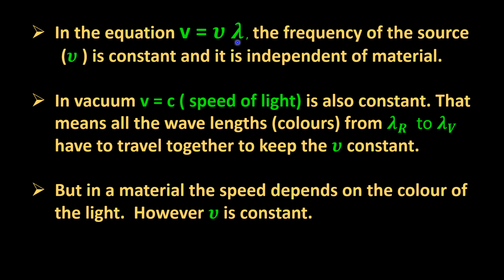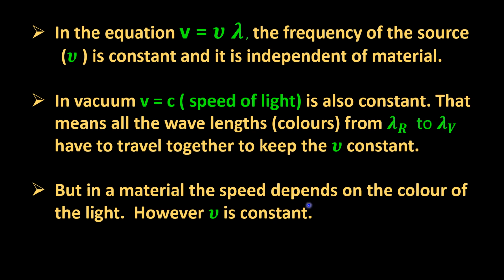Lambda, the wavelength, is different for different colors, and v is the velocity. But in vacuum all colors move with the same speed equal to the speed of light c. So in order to keep nu constant, all the wavelengths from lambda r to lambda v have to travel together, isn't it?